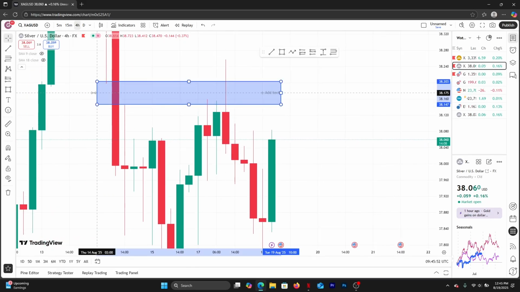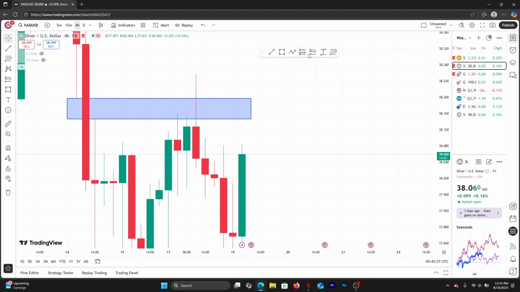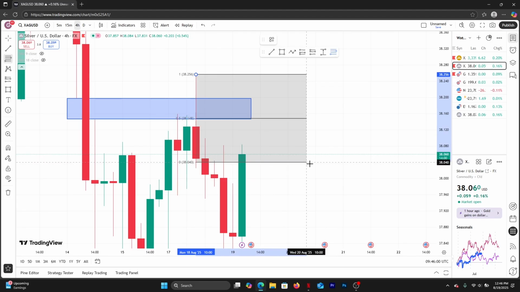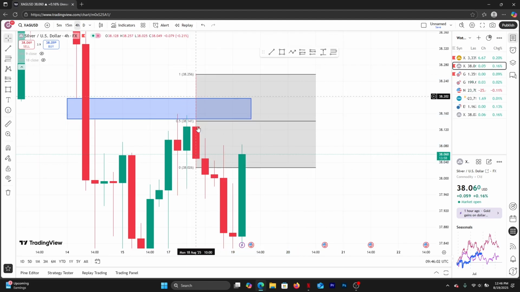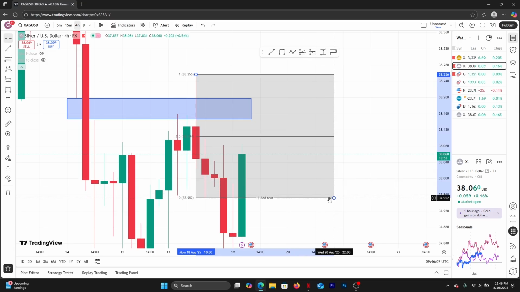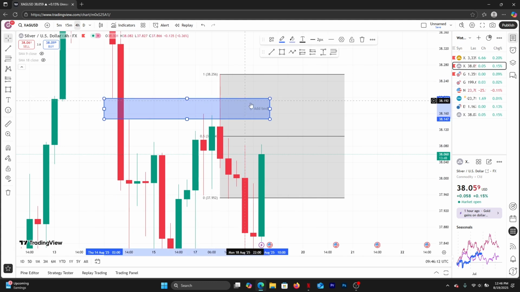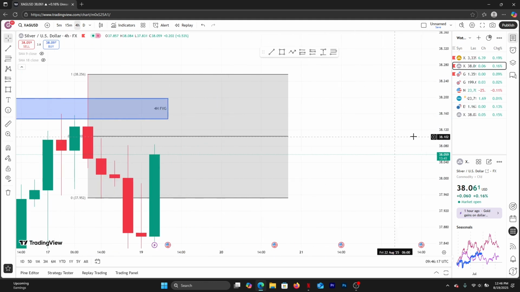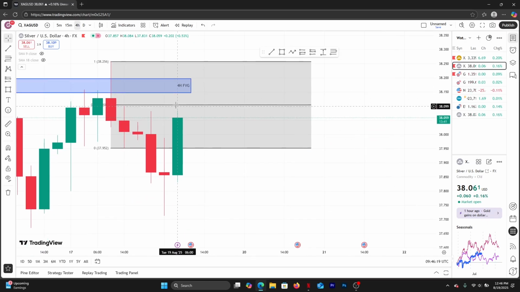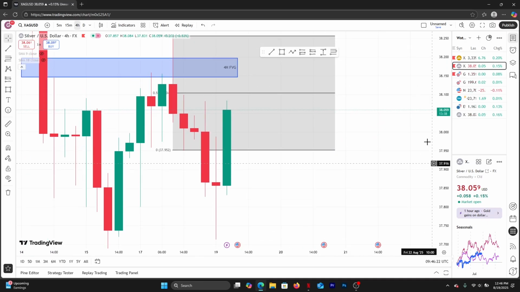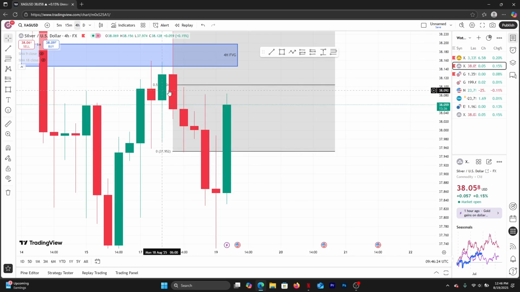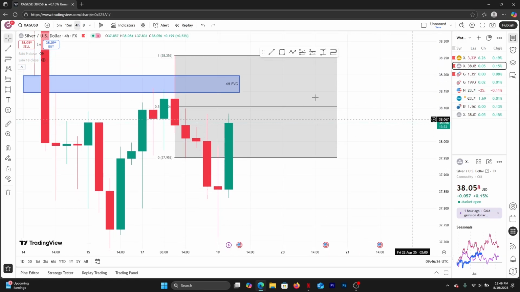Right, so in the 4-hour time frame, this bearish candle has given us a dealing range because it is an engulfing of this 4-hour fair value gap. So our expectation is that price will get to this 4-hour fair value gap. Now price will get to this 50% of this dealing range and then drop.